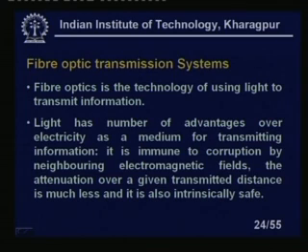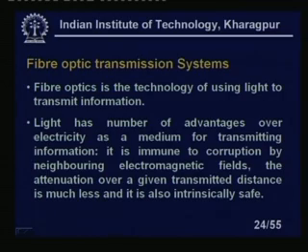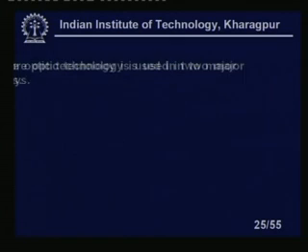In all electrical circuits there is attenuation; here, attenuation over a given transmitted distance is much less. It is also intrinsically safe, and since it is light, there are no hazards as such.